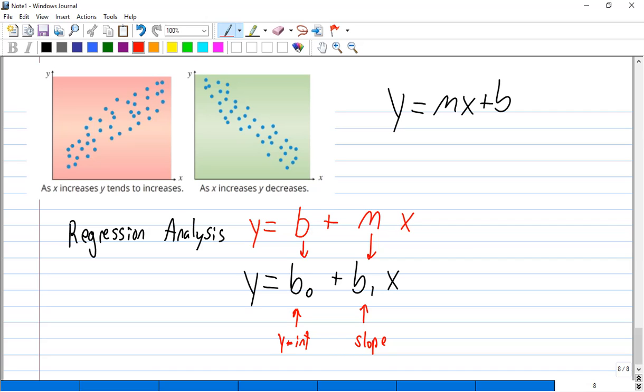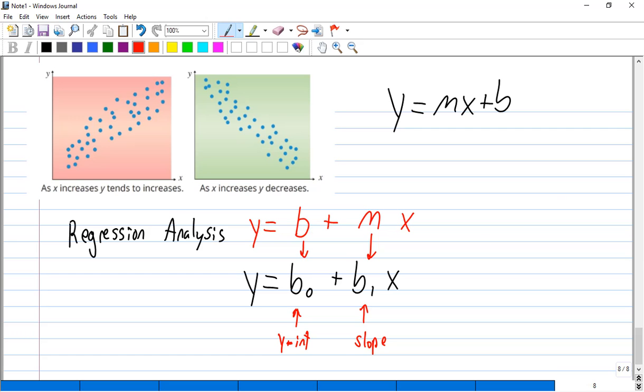Now, if you use a TI calculator, you may see something like y equals ax plus b, or y equals b plus ax. I can't remember. But anyway, this function is in the calculator.